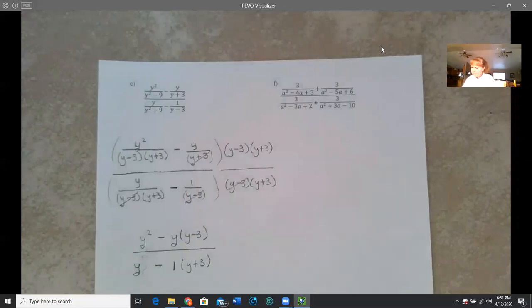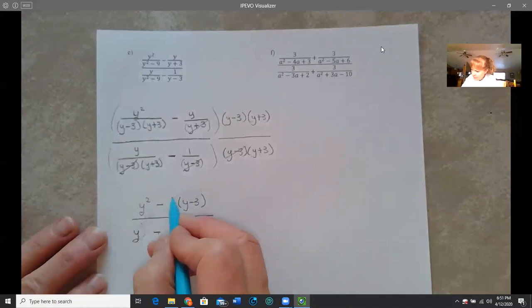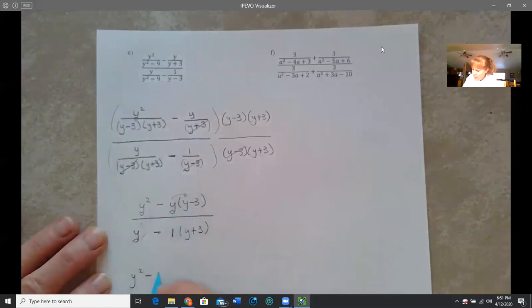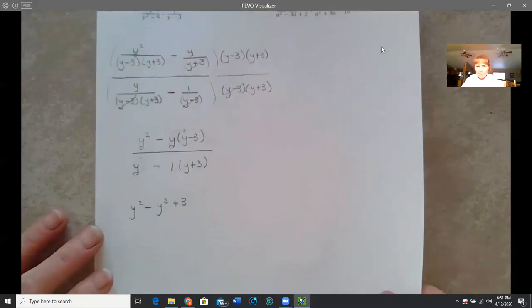Okay, let's simplify. We're going to multiply everything out, so we're going to use the distributive property. We've got y squared minus y times y is y squared. A minus y times a -3 is a +3. Watch that. That would be a place where you might make a mistake.